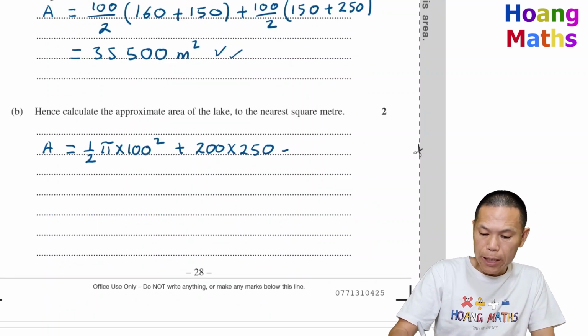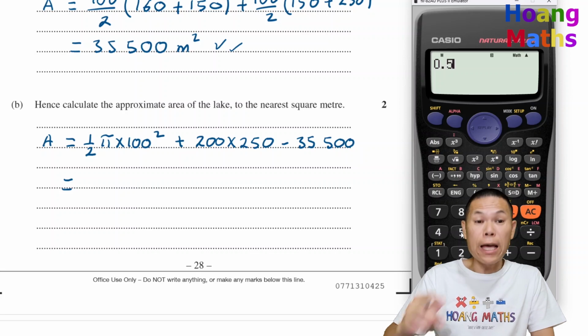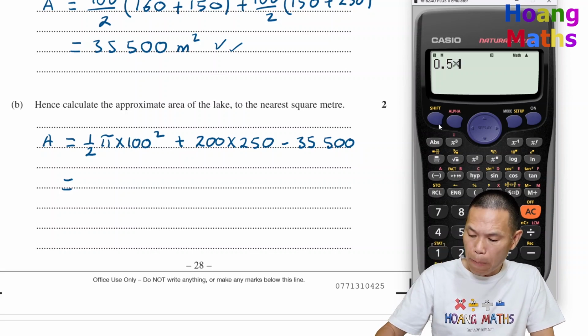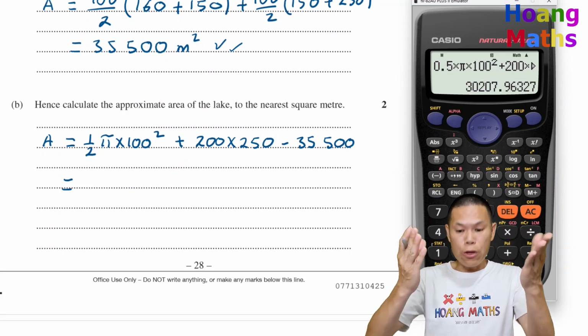So we just minus 35,500. So that will give me, it just goes 0.5, that is a half, times pi, times 100 squared. We add the rectangle, so 200 times 250, and then we minus 35,500. There you go.